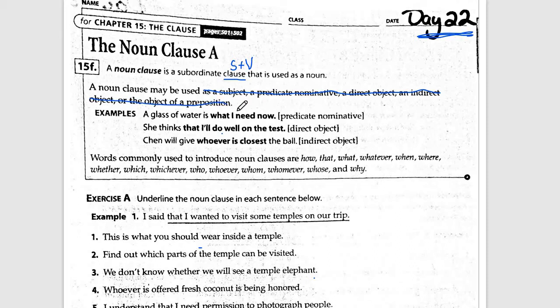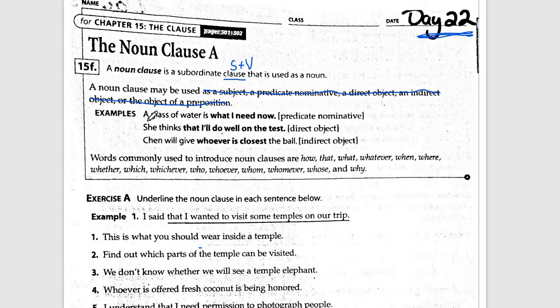So I'm not worried about scoring you based on your labels of those parts of a sentence. So don't worry about them. What I'm worried about is that you can, at first, at least identify a noun clause. The only way you can learn how to do that is through practice.